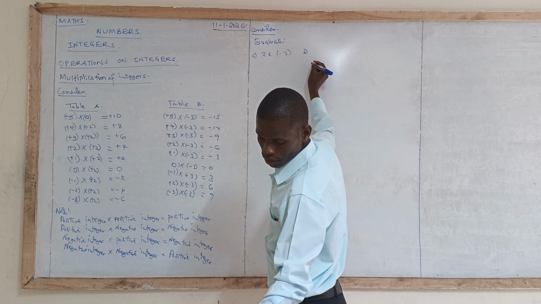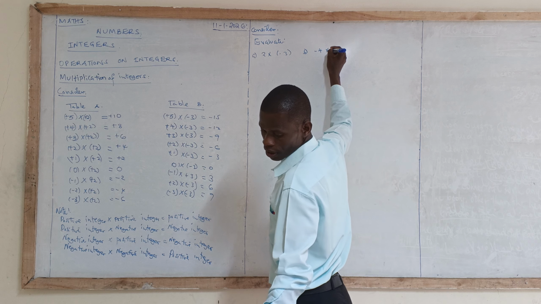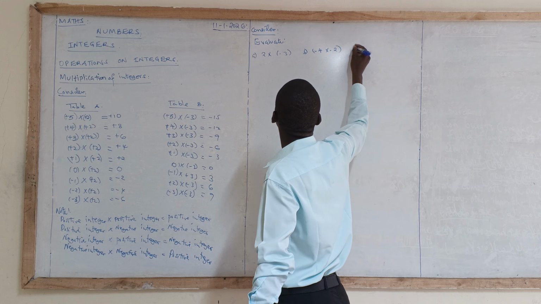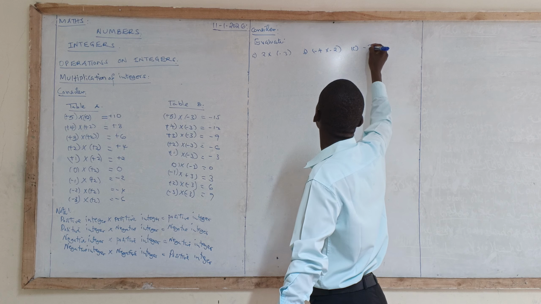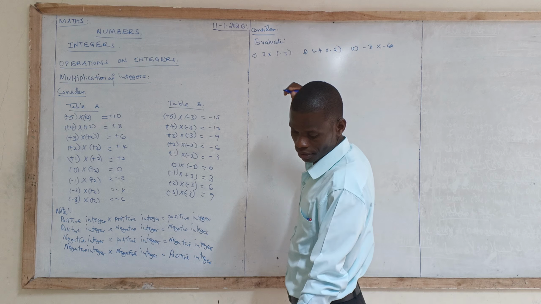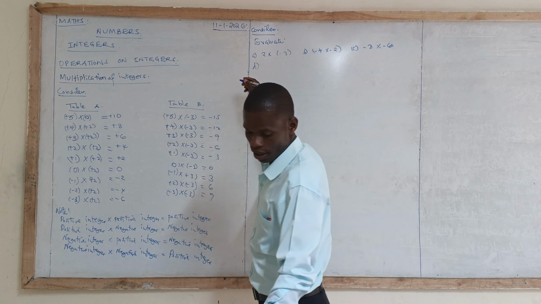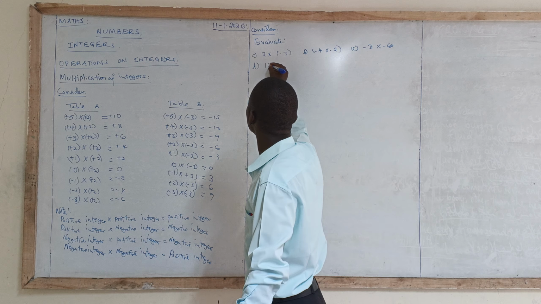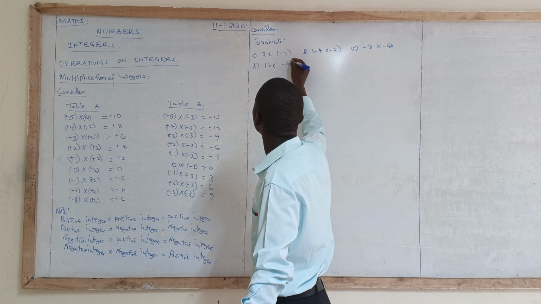B, I have negative 4 times negative 2. C, what do you have? Negative 8 times negative 60. And D, I have 16 times negative 9.